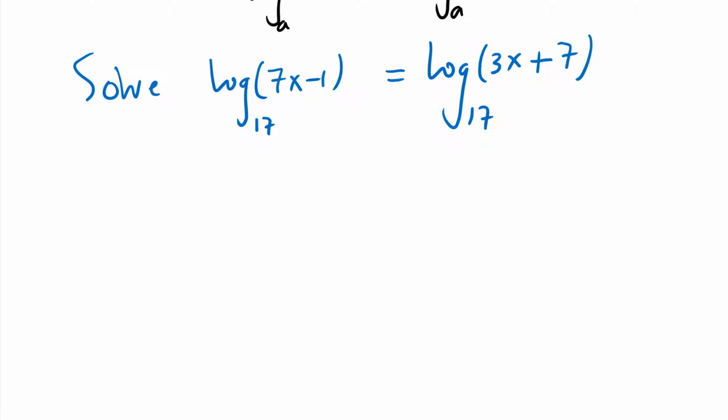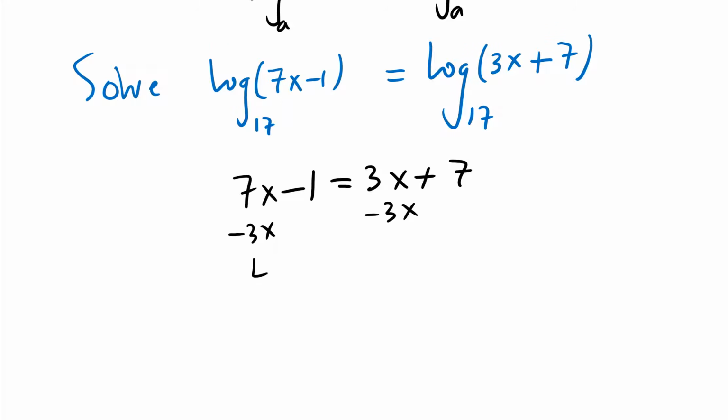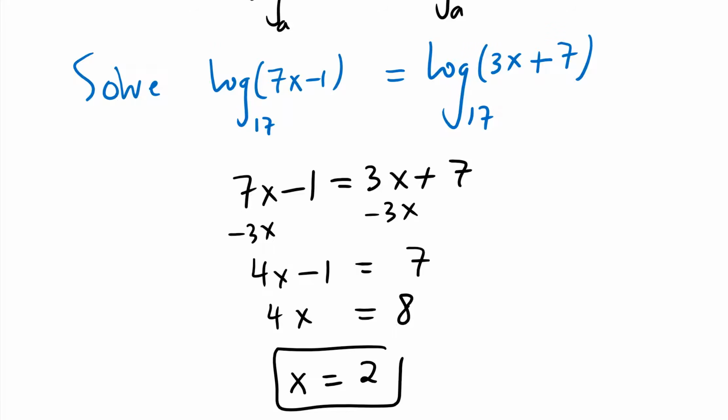So how do we solve such an equation? Notice the bases are the same. By one of the above properties, we can set 7x minus 1 equals 3x plus 7. Subtract 3x on both sides. 4x minus 1 is 7. Add 1 to both sides. Divide by 4. And if you substitute this back in, it should work.